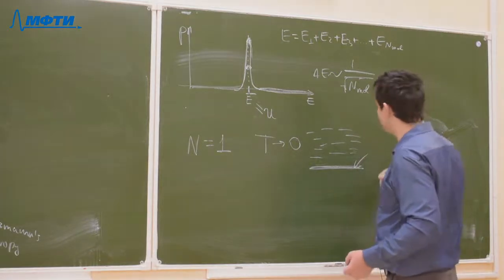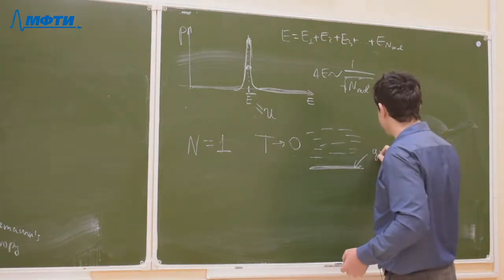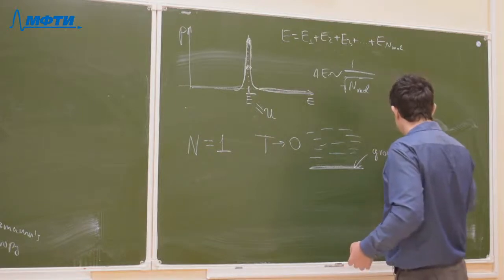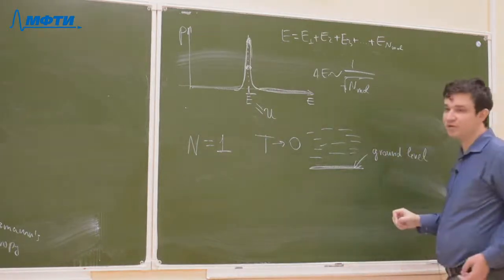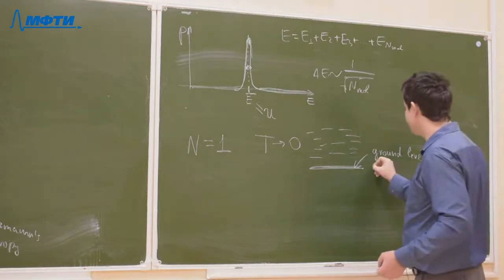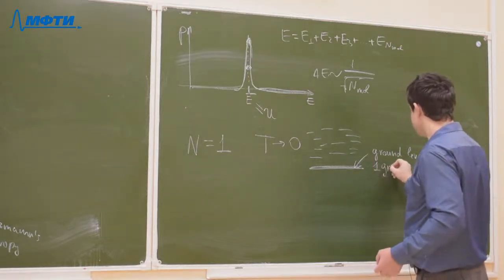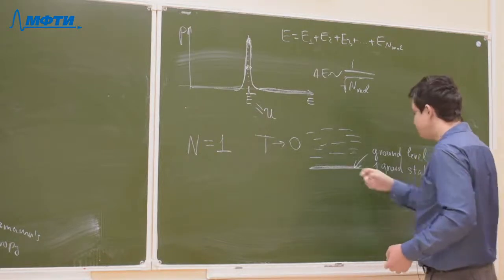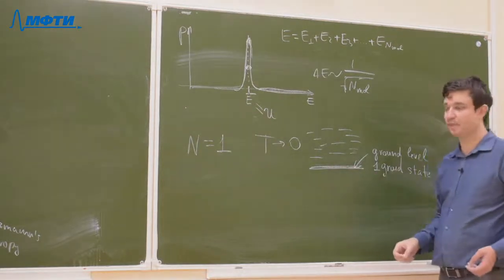This energy level is typically called the ground level. And for this ground level, we only have one ground state, which has this energy.